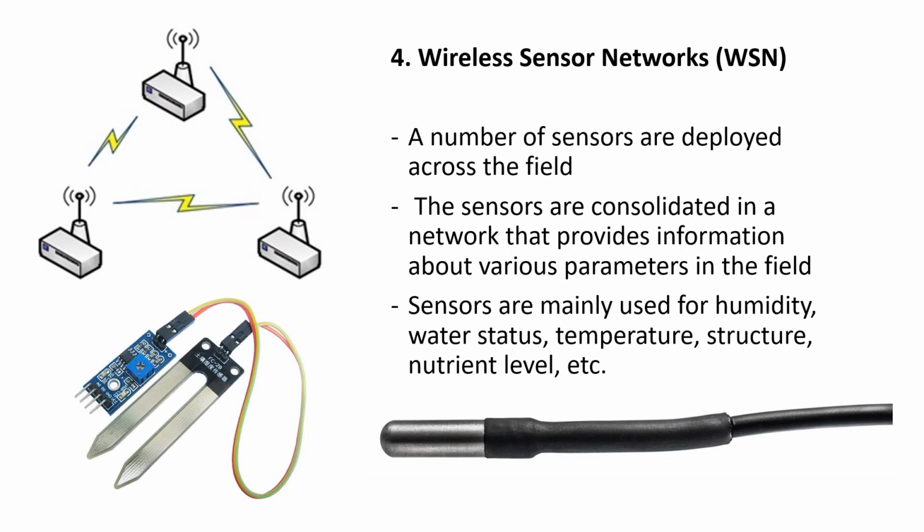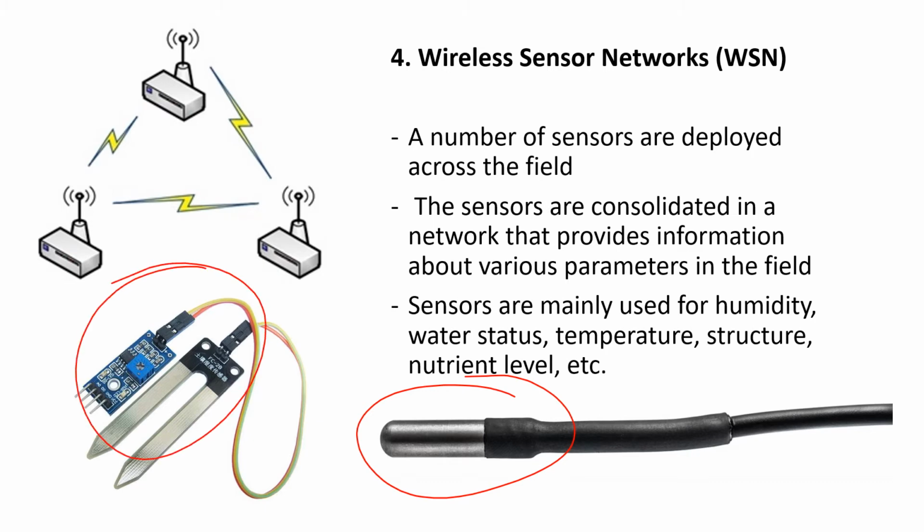In this particular slide, I have some few kinds of sensors that are normally found in the agricultural field, including this one. This is a temperature sensor. It senses how warm the soil is. And this is a typical soil moisture sensor. So it could tell how much water is in the soil.